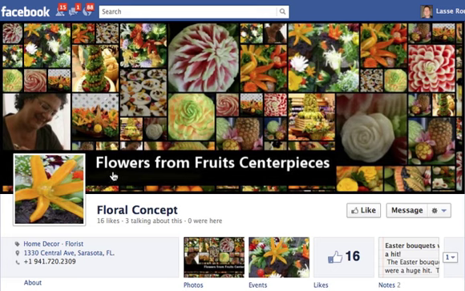It says flowers from fruit centerpiece, and really cool project. Actually, let's click on like, and to take this to a next level, again, make a question here. So this should be a question, and that will engage people much better, because one of the main things on Facebook is engaging. Now here there should be a number here as well.